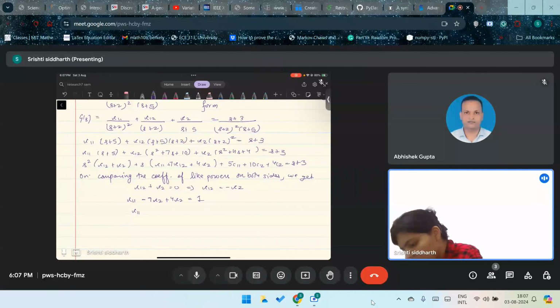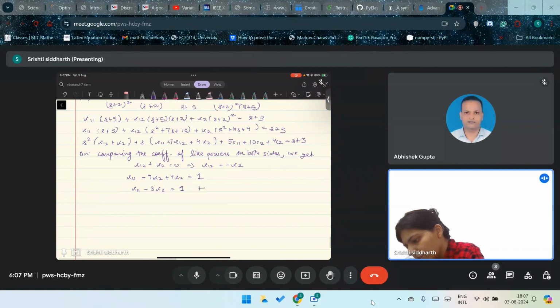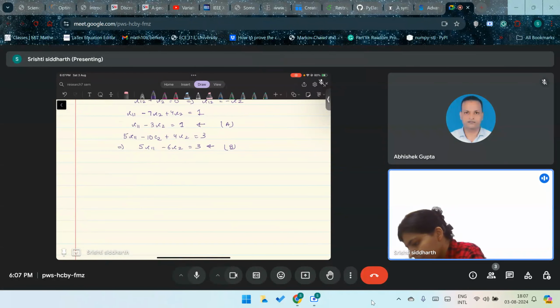So we have c11 minus 3c2 equals 1. So this is one of the equations, and then we have 5c11 minus 10c2 plus 4c2 equals 3. Okay, so let's say this is A and this is B. So 5 times A becomes 5c11 minus 15c2 equals 5.